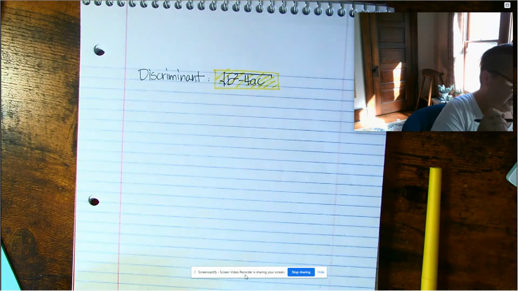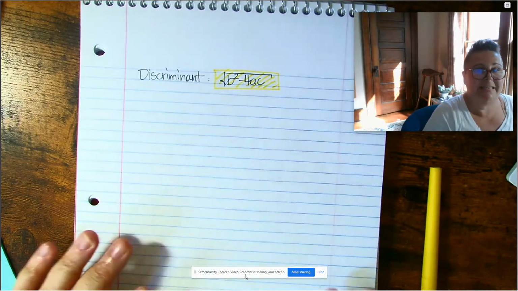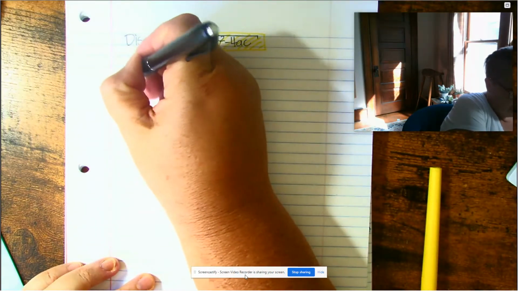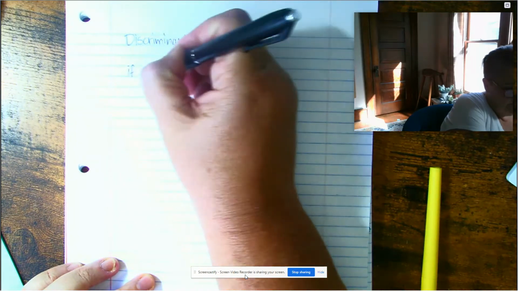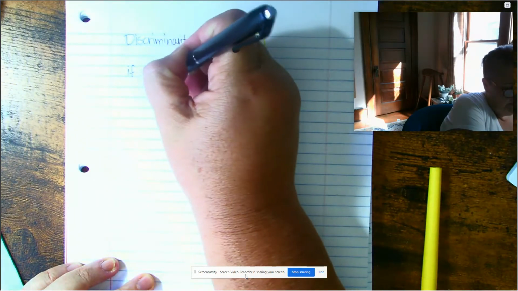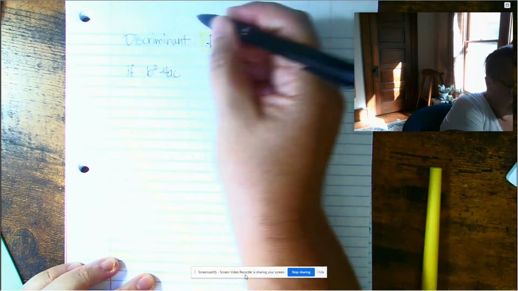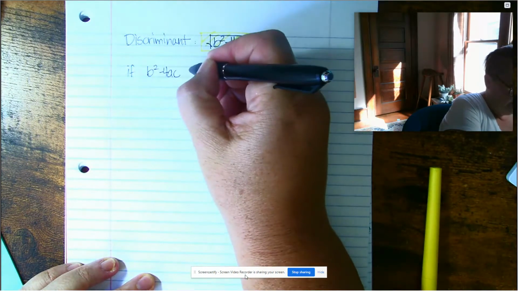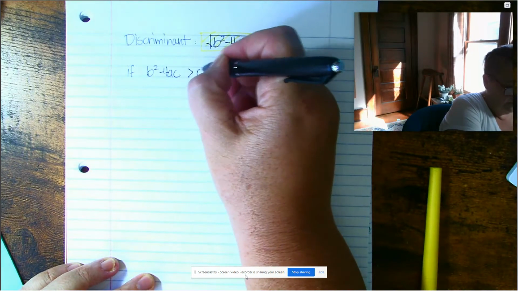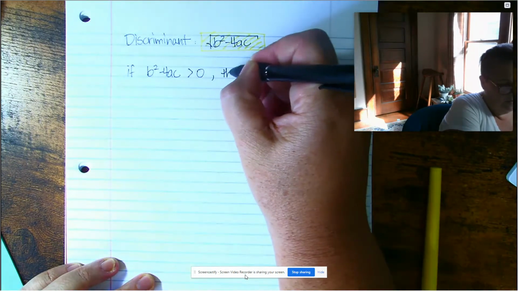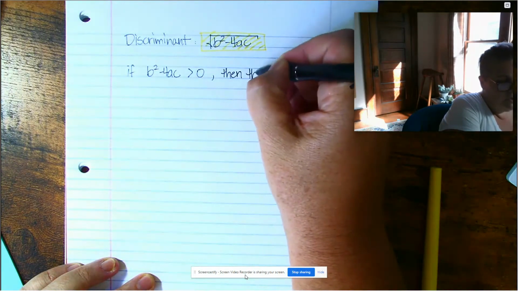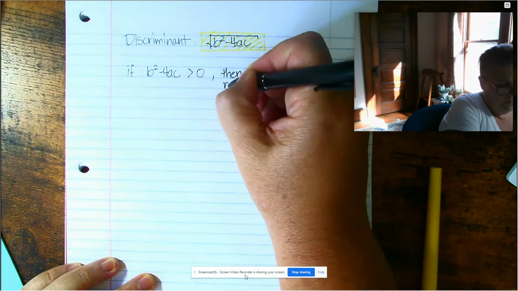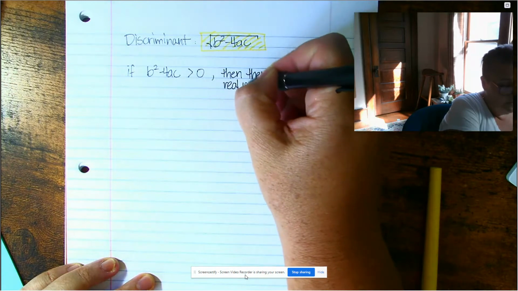And we've got 3 different cases, again with the 3's, right? So if that b squared minus 4ac, if that part of the quadratic formula is greater than 0, then there are 2 solutions that are real numbers.